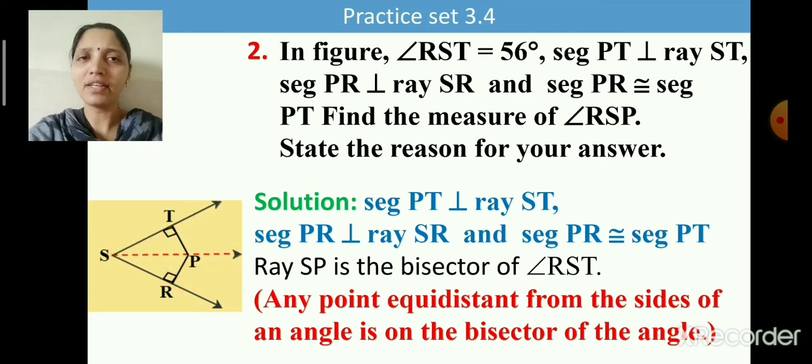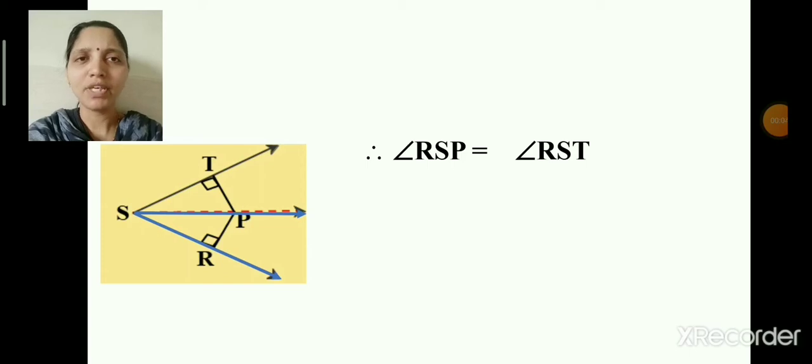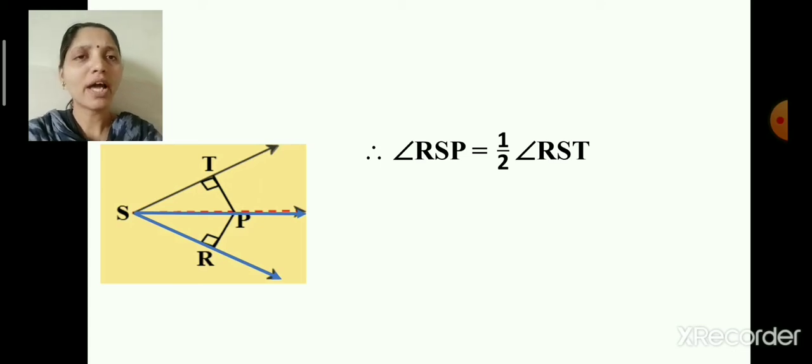STSR. Yes. Therefore, we can write here angle RSP is equal to half angle RST, because we know that angle bisector means it divides the angle into two equal parts. So these two parts will be equal.